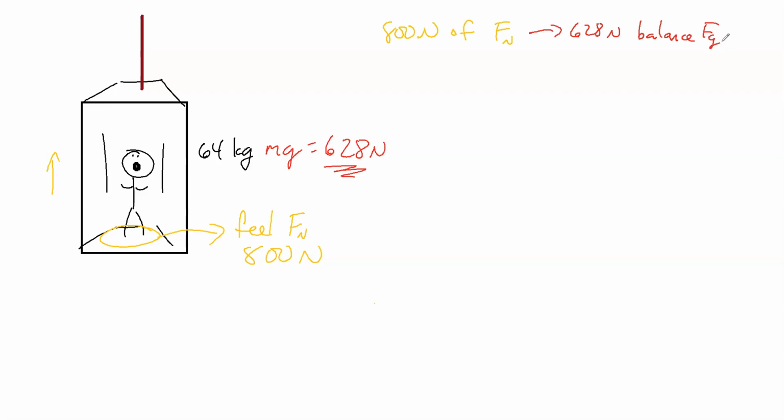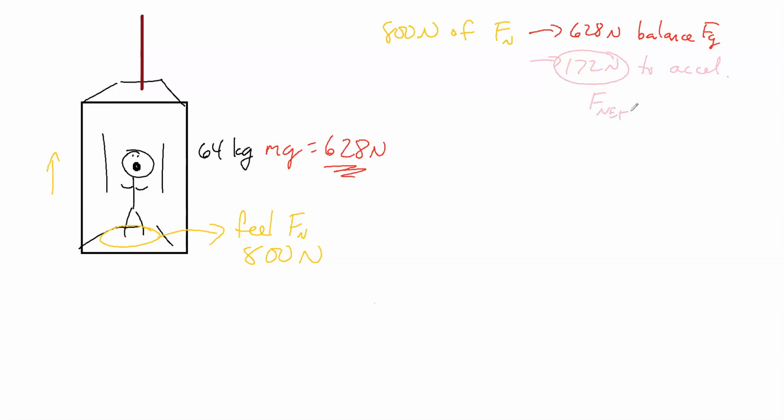It's pushing with an additional 172 newtons in order to accelerate. So there's 800 newtons of normal force on the guy's feet: 628 is just to balance off gravity, plus an additional 172 to actually accelerate him upwards. So this would be the net force.